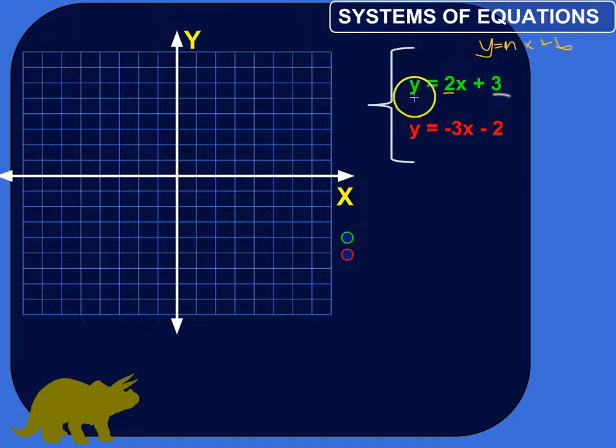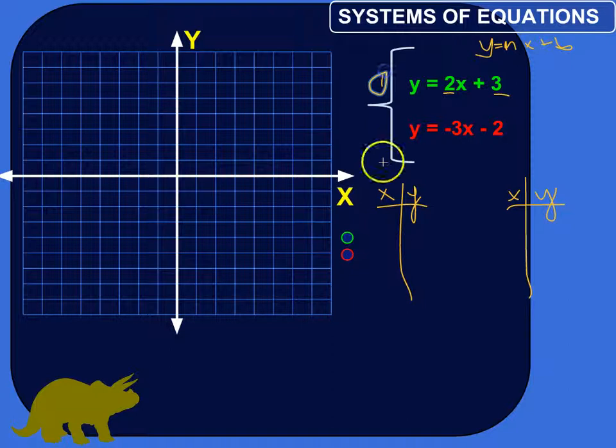I'll show you a method that will work for an equation in a lot of different forms, which is just to make a table. You just need 2 points. So that's going to be a table for our first equation. So let's call this number 1. Call this number 2.